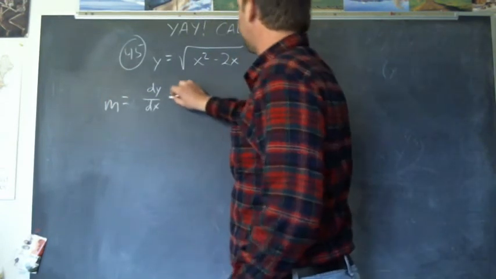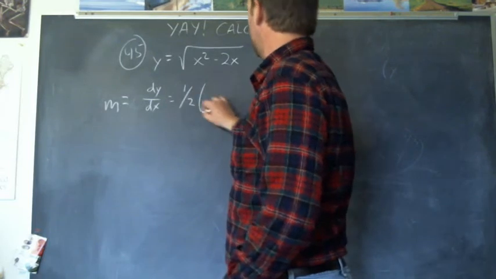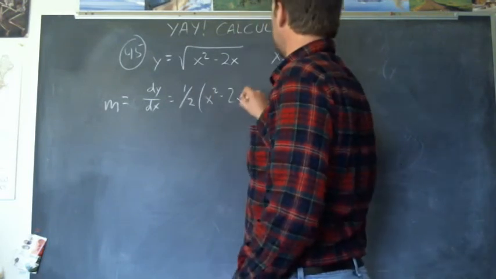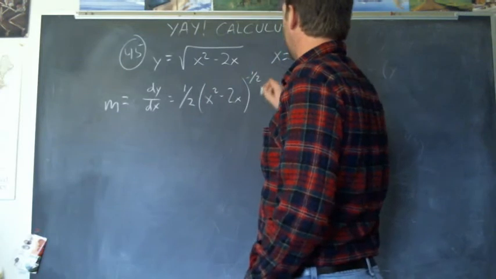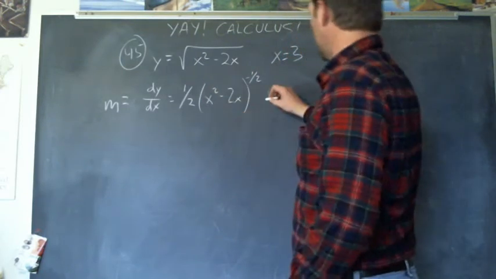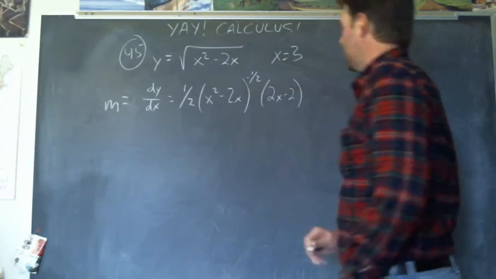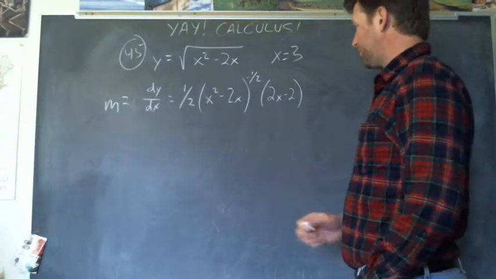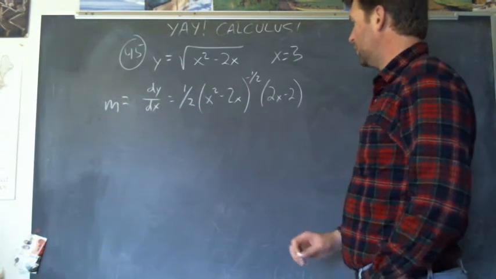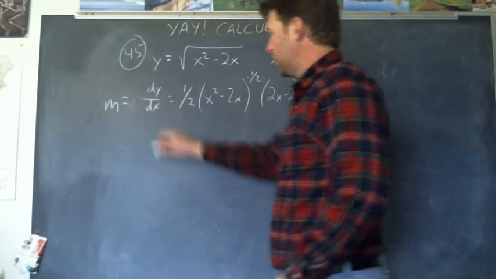That's going to be equal to 1/2 times (x squared minus 2x) to the negative 1/2 times the derivative of the inside, which is 2x minus 2. So there's our slope, all in terms of x. We'll put in x equals 3.